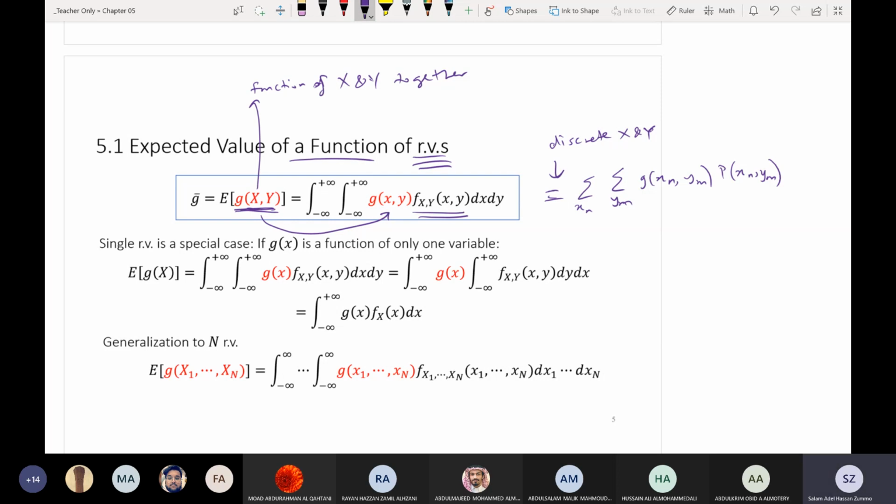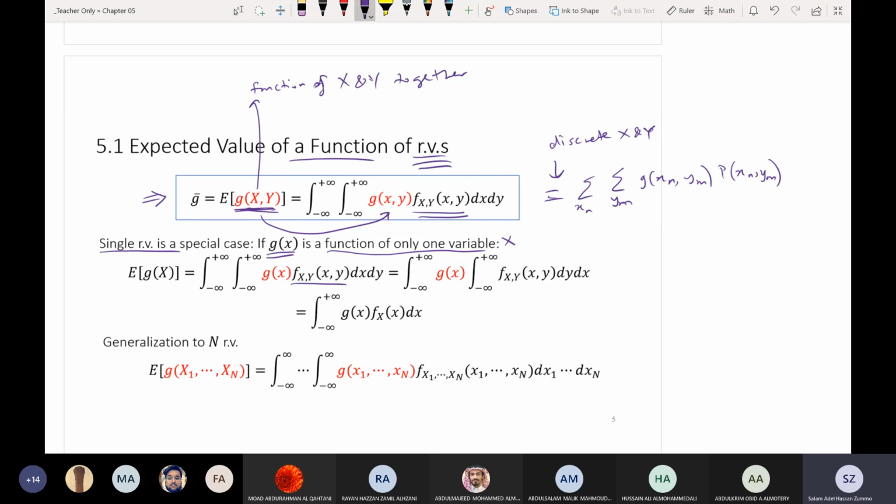Now, you can see from this equation that the single random variable was a special case only. So let's assume that we have a function only of x, a random variable x. Then expected value of g of x, we apply the rule. However, assume that you have the joint PDF.